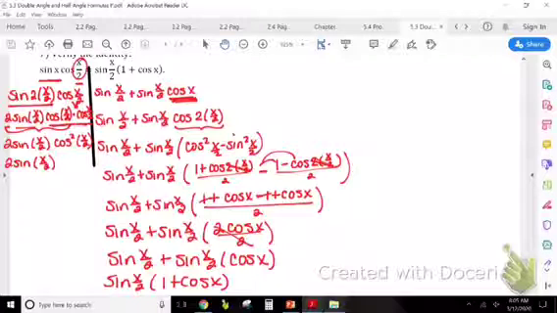Alright, power reducing formula there for cosine squared says 1 plus cosine of 2x, which is our x over 2, all over 2. I should have used a different color on the side.